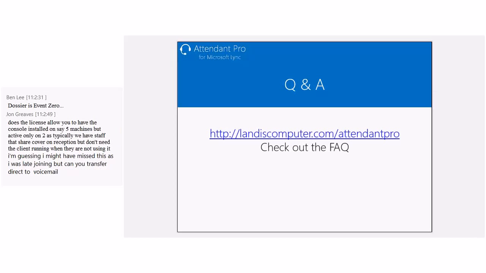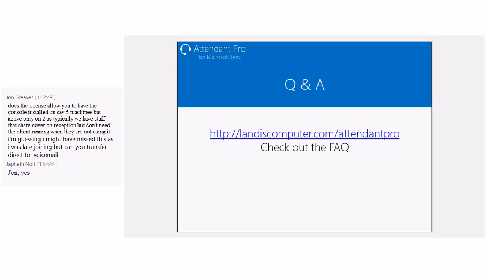Some people asked, and I was skirting around the edge of this, but Attendant Pro does support response groups. Wendell did not demo it, but as he said, if there are multiple incoming calls, it will keep showing those.